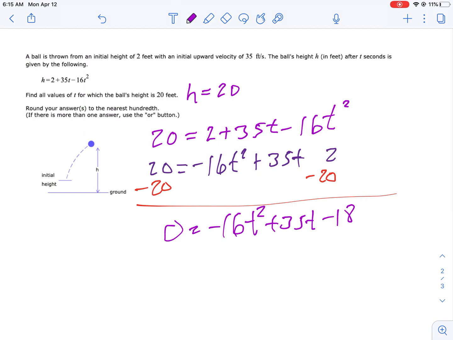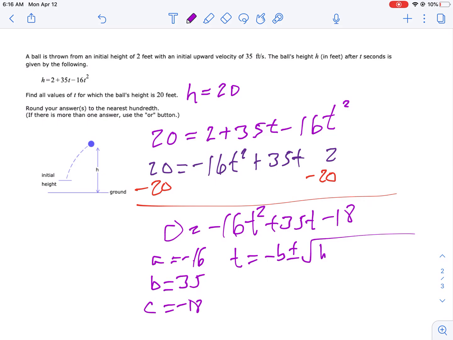Now, we have a quadratic equation, don't we? A is negative 16, B is 35, and C is negative 18. So in this case, instead of x equals, t equals negative b plus or minus the square root of b squared minus 4ac all over 2a.